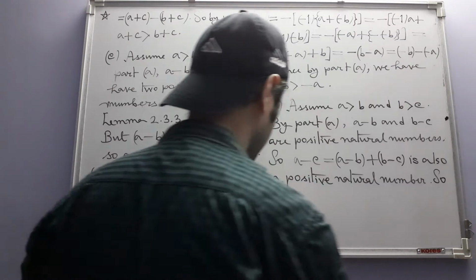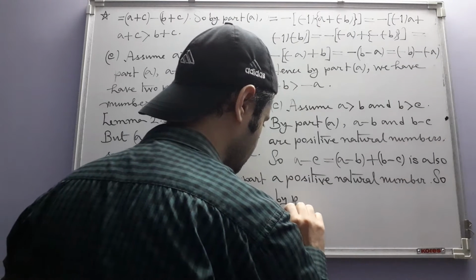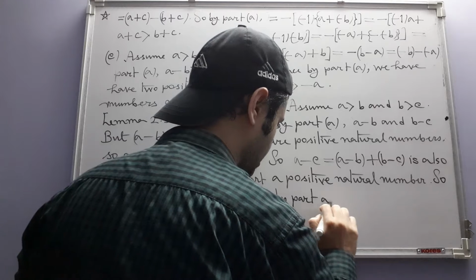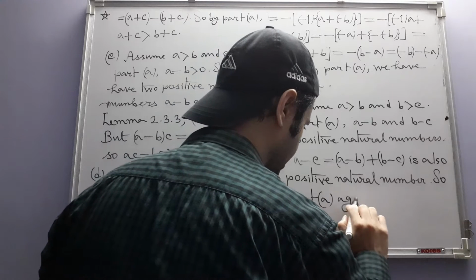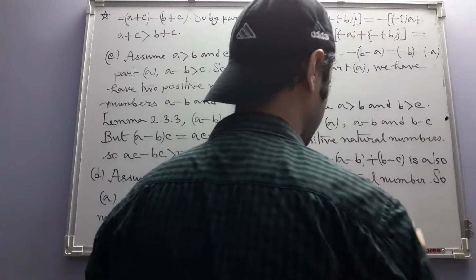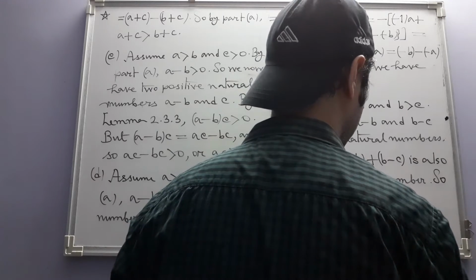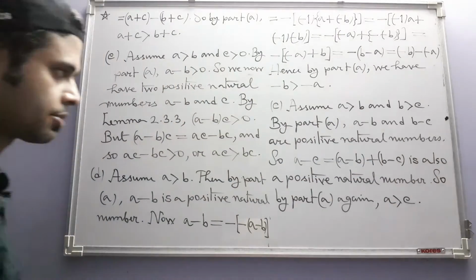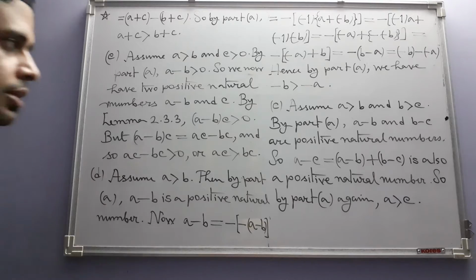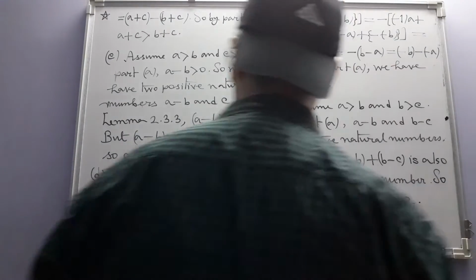So by part A, again A is greater than C. So that's why order is transitive.